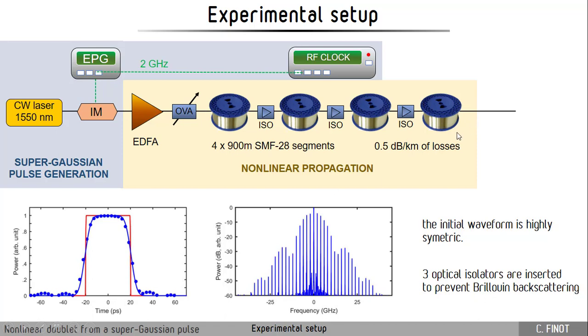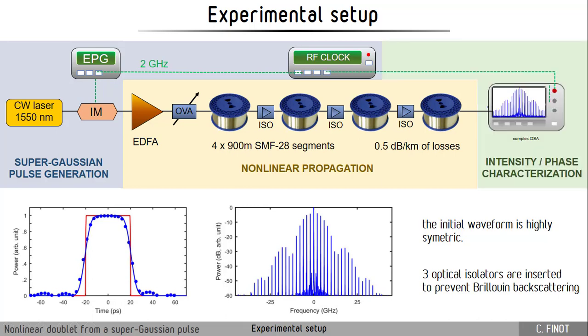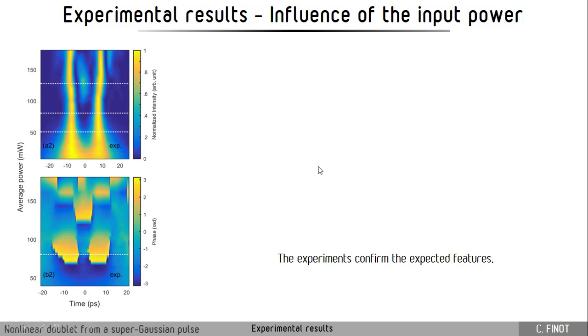With this, we managed to avoid all the deleterious impact of Brillouin. At the output, we characterize the resulting pattern using an optical spectrum analyzer, which enables us to get both the intensity and phase profiles of the pulse train. So this is a complex optical spectrum analyzer.